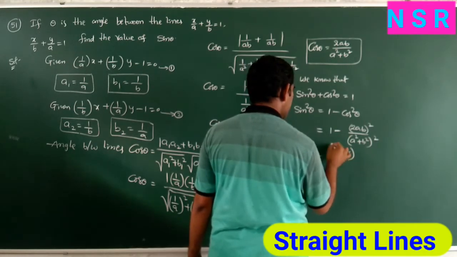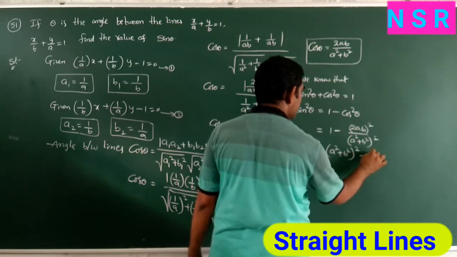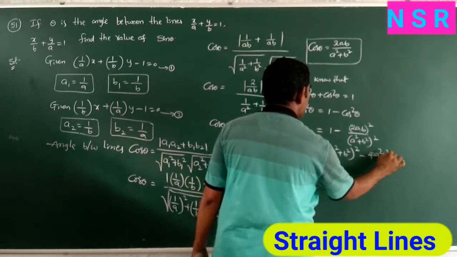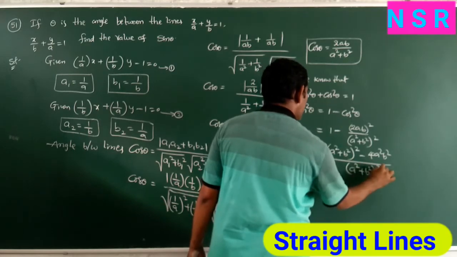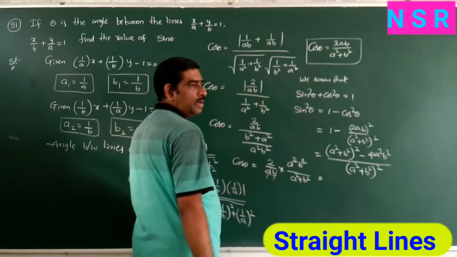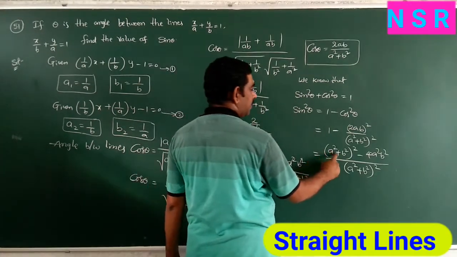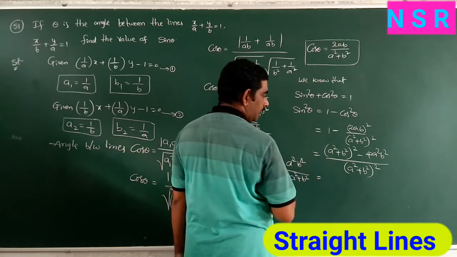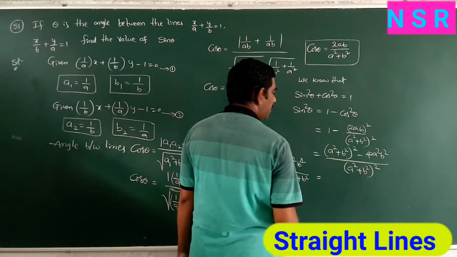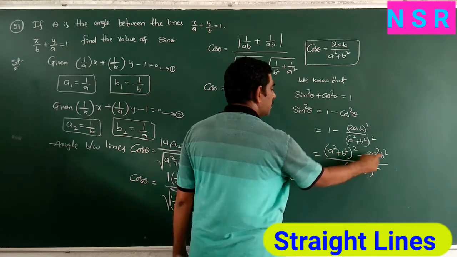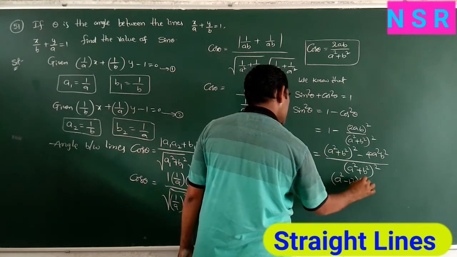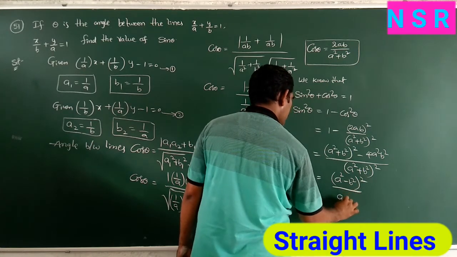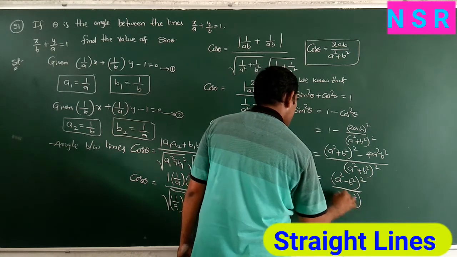Multiply here, 1 into a square plus b square whole square, minus 4a square b square, by a square plus b square whole square. Now consider a square b square as ab whole square, so a plus b whole square minus 4ab we can write as a square minus b square whole square by a square plus b square whole square.